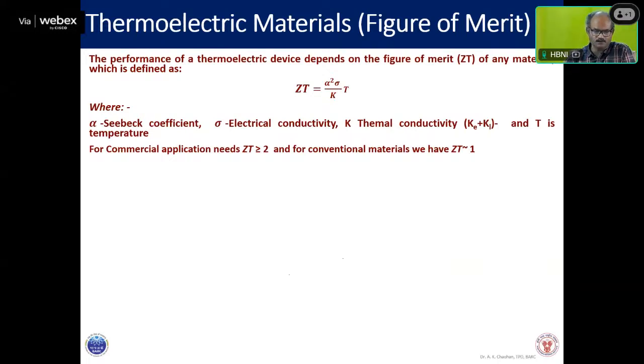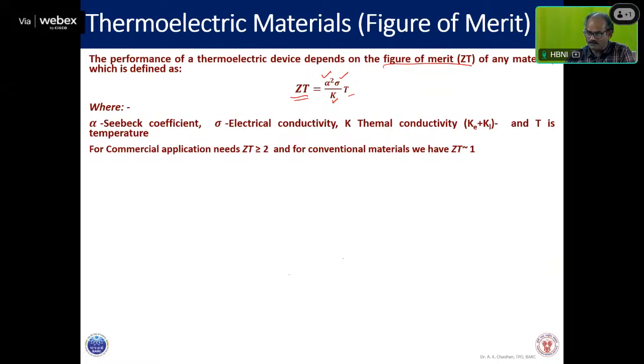We will see. The performance of a thermoelectric device depends on a figure of merit. Now we define an important parameter, the figure of merit, which is alpha square sigma divided by K and multiplied by T, and this is called ZT.